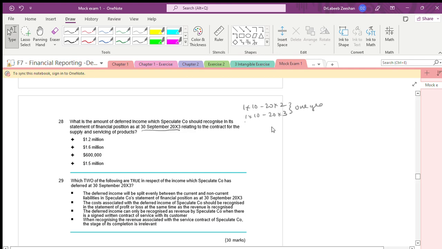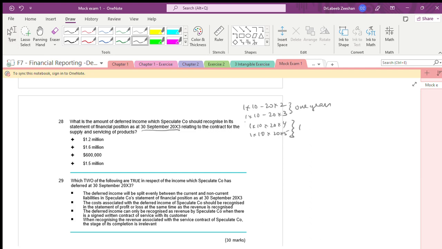Then from October 1st, 2004 and October 1st, 2005. 2002, 2003, 2004, 2005. Fine. This is going to be a deferred income.